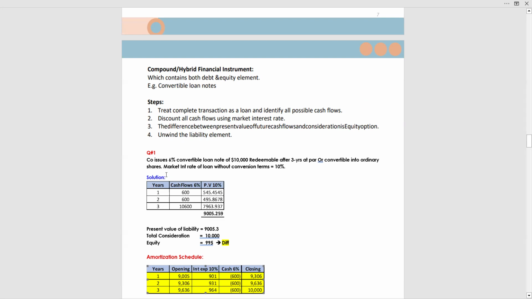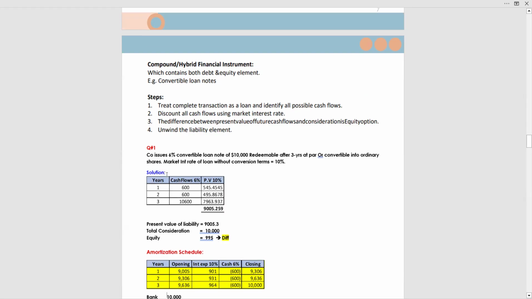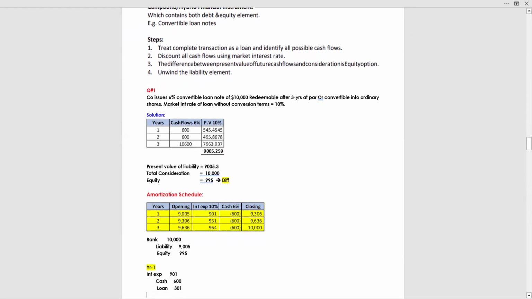Unwind the liability element. Let's solve one question on this for better clarity. Company A issues a 6% convertible loan note of 10,000 redeemable after 3 years at par, or convertible into ordinary shares. The market interest rate of the loan without conversion terms is 10%. Year 1, 2, 3 cash flows at the coupon rate of 6%, 600, and in the end, principal plus cash flow, so it's 10,600.